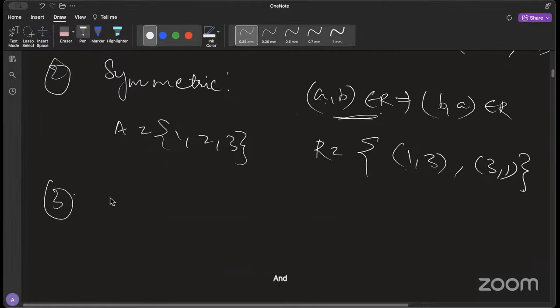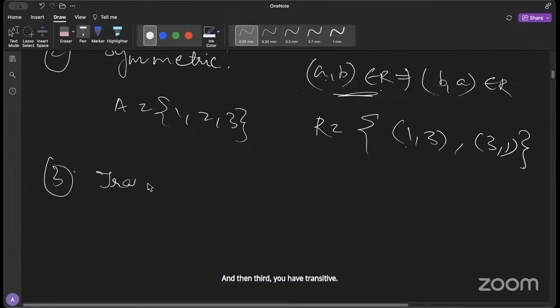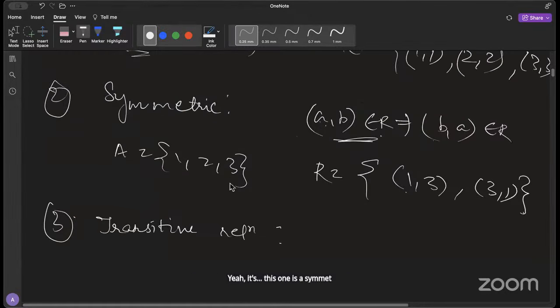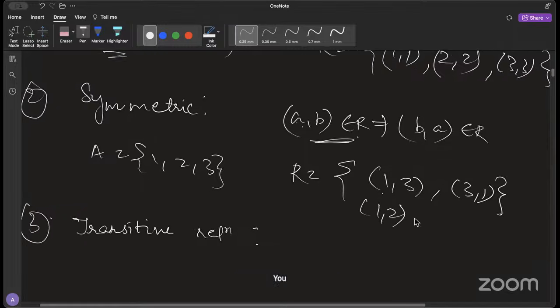And then third, you have transitive. Ma'am, that's true for only one pair, right? Even for one pair, yes, this one is a symmetric relation on A. If you have more than that, let's say if you have (1, 2) here, you need it to be true for every pair.